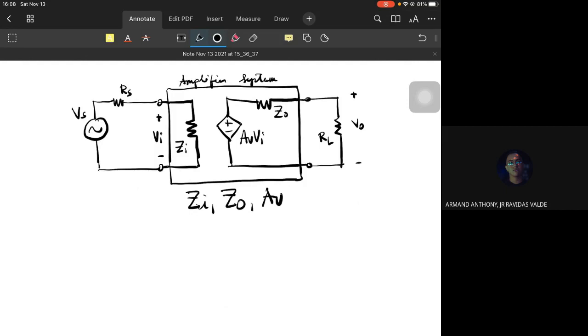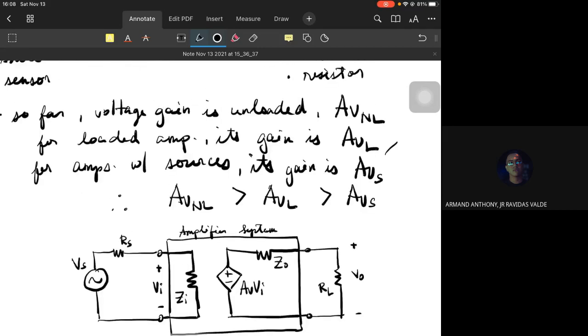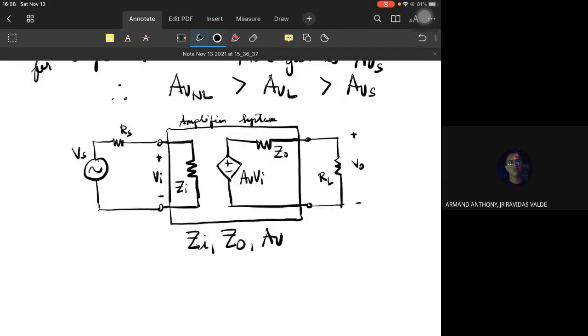We could now solve for the values of AVL and AVS. No need to solve for AVNL because we already have the formula in the table on page 293.